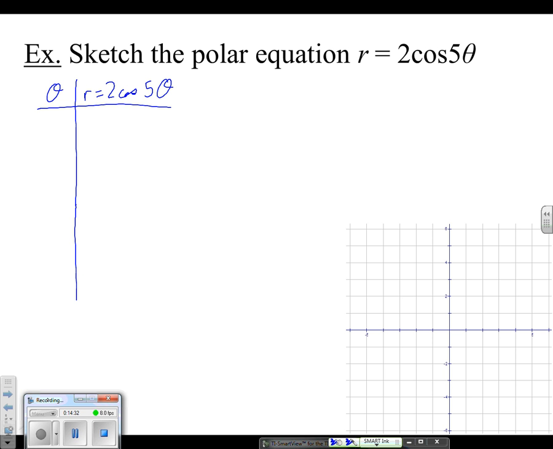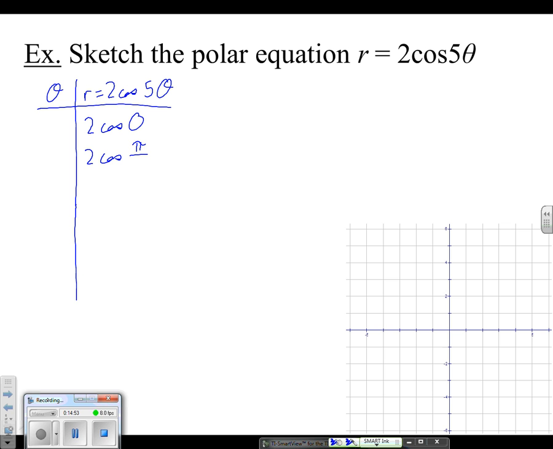But I'm not just going to fill in those numbers for theta. I'm not just going to write 0, pi over 2, pi, and so on. That's not what I want. I want the first r to read 2 cosine of 0. I want the next r to read 2 cosine of pi over 2.